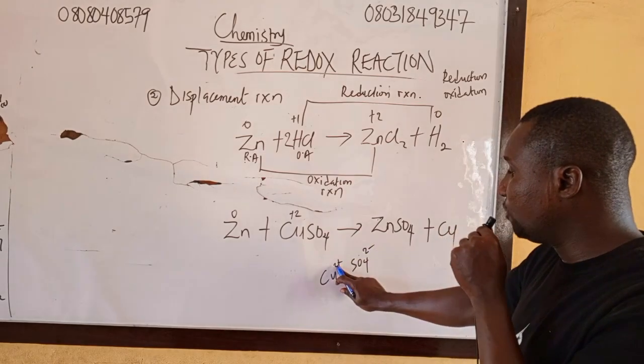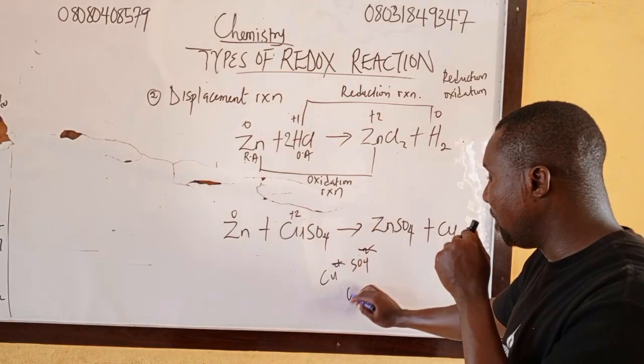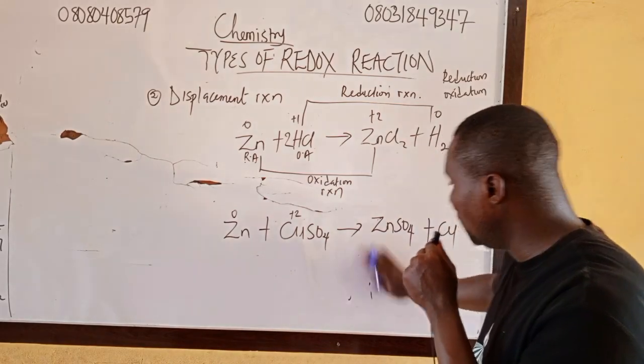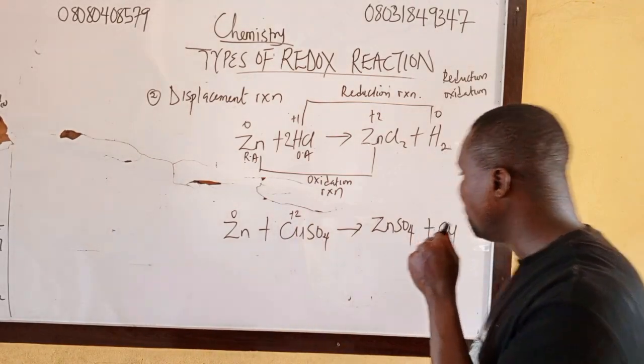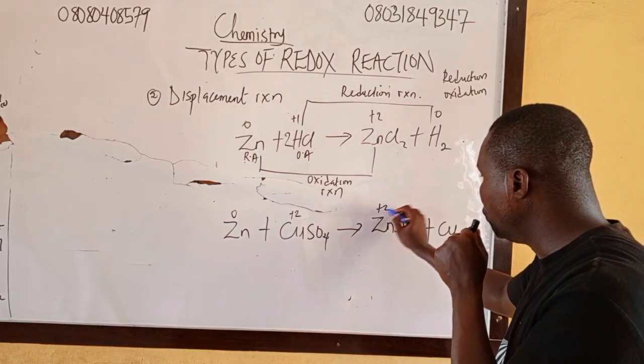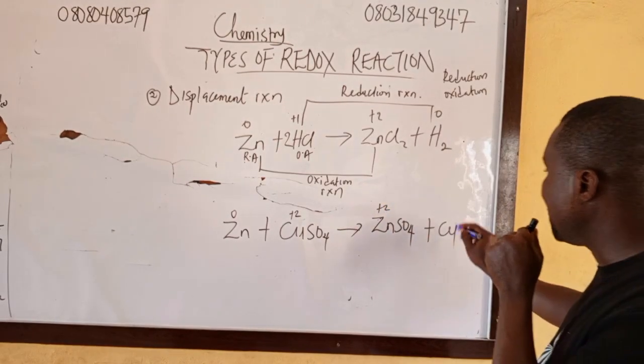The oxidation number of copper is plus 2, that's why it is copper(II) sulfate. Then sulfate and its charge cancel each other, so you have CuSO4. The oxidation number of copper is plus 2. The oxidation number of zinc is plus 2, while the oxidation number of copper here is 0.